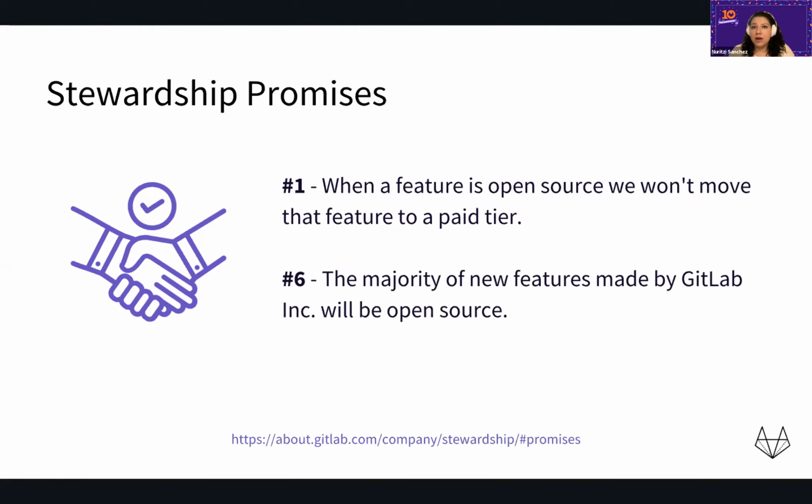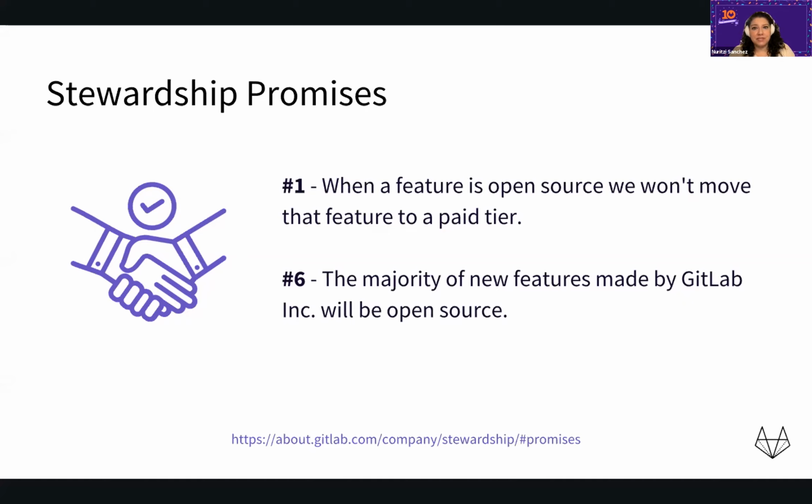The number one in that list of stewardship promises is that when a feature is open source, we will not move it into a paid tier. We might move other features between other tiers. So let's say that it's in the medium tier, we might move that to the higher tier or vice versa. But when a feature is in the open source version, we will not move it up into a paid tier.